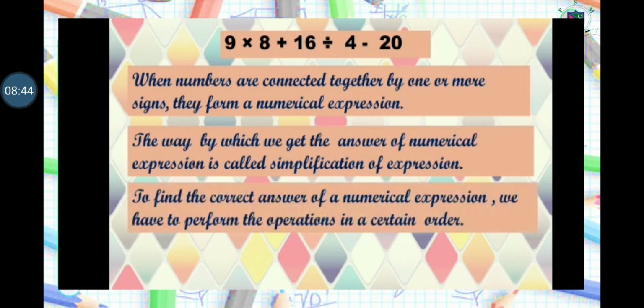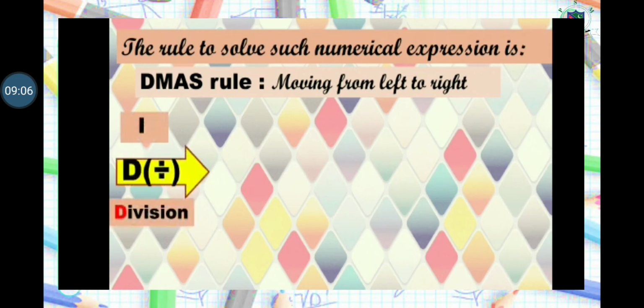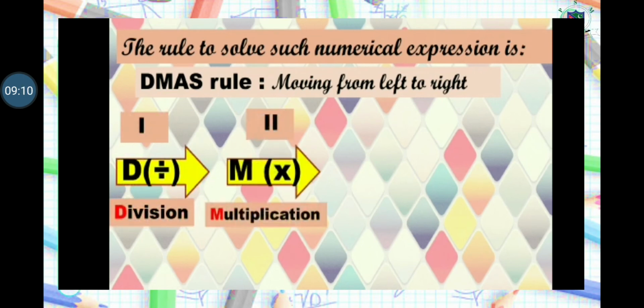To find the correct answer of a numerical expression, we have to perform the operations in some order, and that is called DMAS that we have already studied. So the rule to solve such numerical questions is the DMAS rule, means moving from left to right. D for division, the second, M for multiplication.